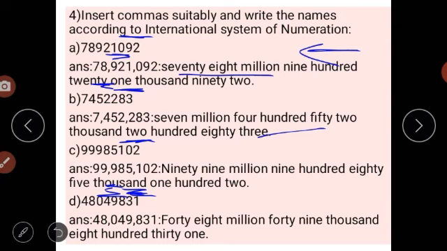So after writing 849 we will write a comma. Next, what are the remaining digits there? 4 and 8. So we will write 4 and 8 as it is. Here we have 2 commas, one for representing thousands and one for representing the value for millions. So what does our numeral become?